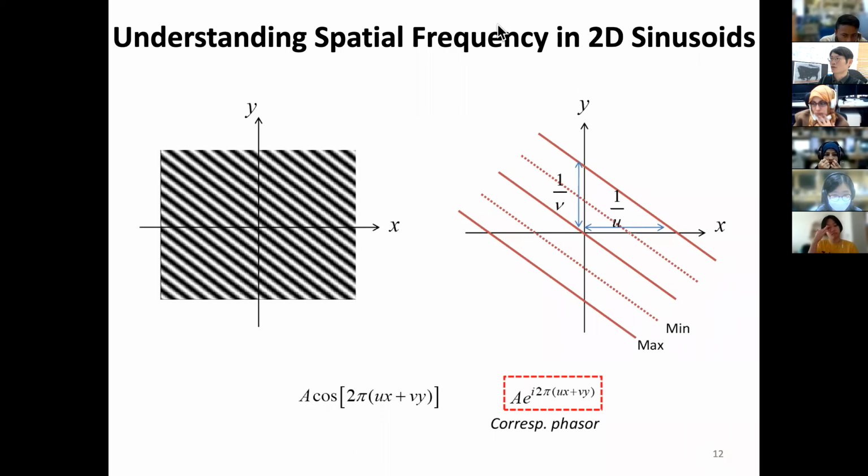Here, u and v are spatial frequencies, so the spatial periods are actually 1 over u and 1 over v.